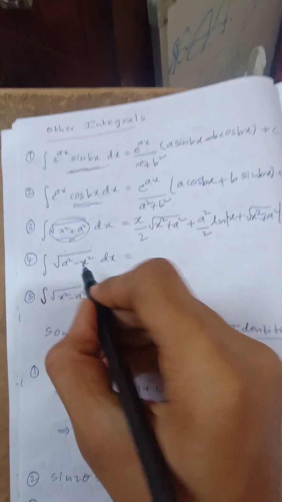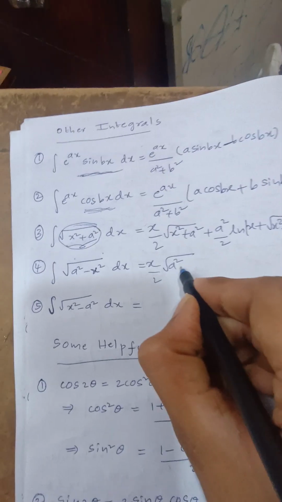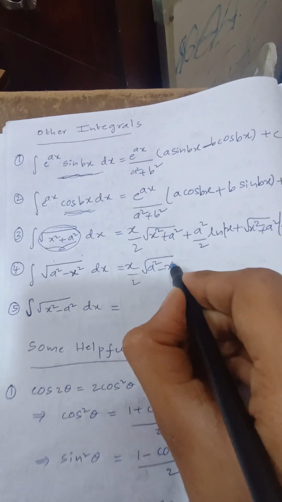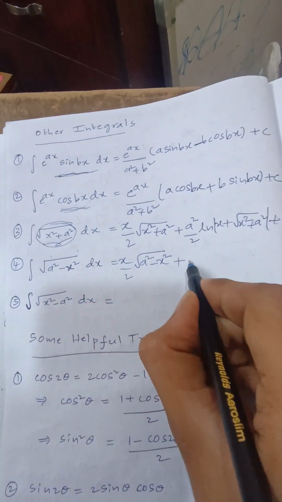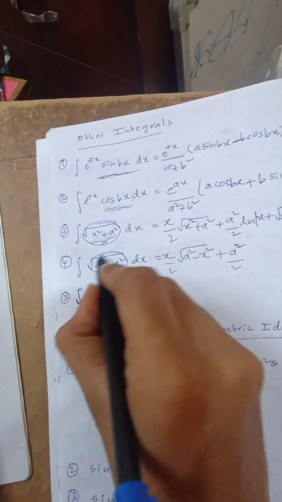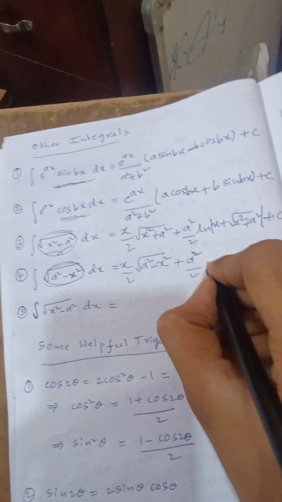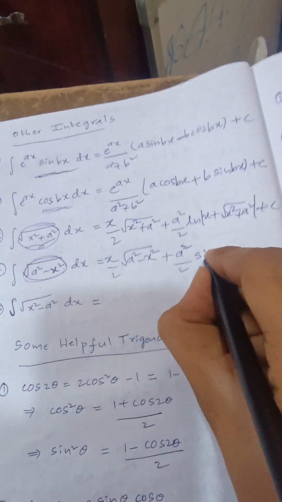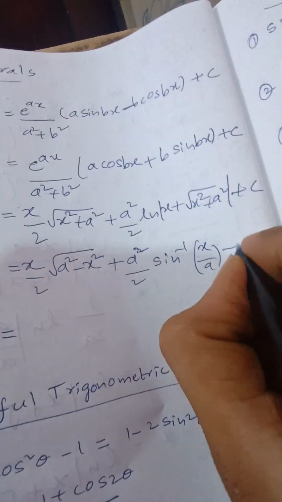Similarly here also we have to write x by 2 under root, a square minus x square. Before this constant plus is there, so I am writing plus a square by 2. If this is present in denominator, 1 by root over a square minus x square, the integral is sin inverse of x by a plus c.